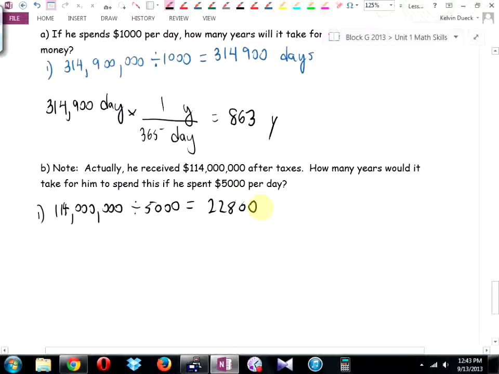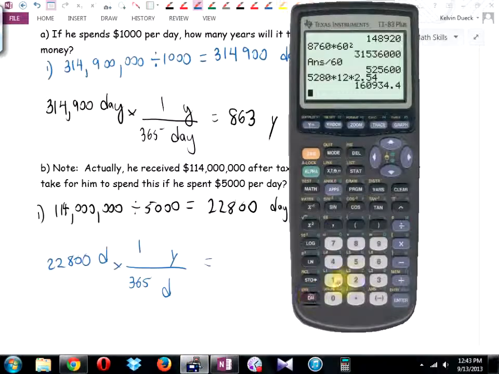How many years is that? Let's see. Write down what they gave me. Oh, not years, Mr. Dueck. Days. I want days to cancel. Years on top. 1 year. 22,800 divided by 365. 62 and a half years? 62.5?